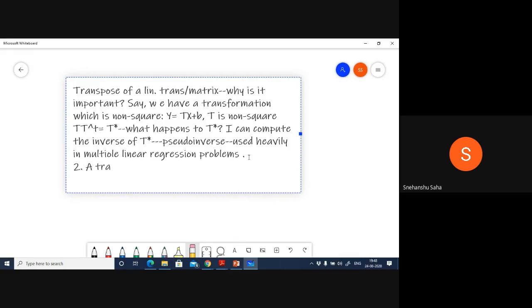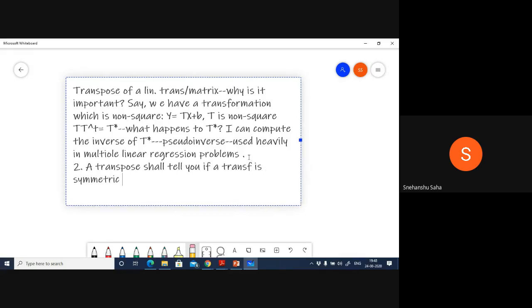A transpose shall tell you if a transformation is symmetric or not, right? And what happens if a transformation is symmetric?